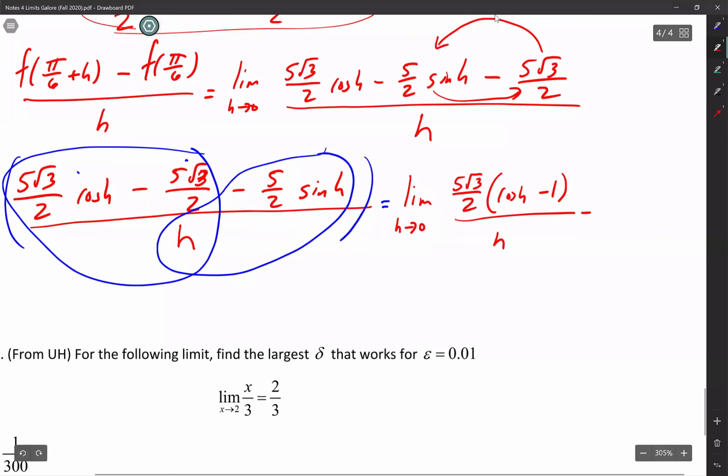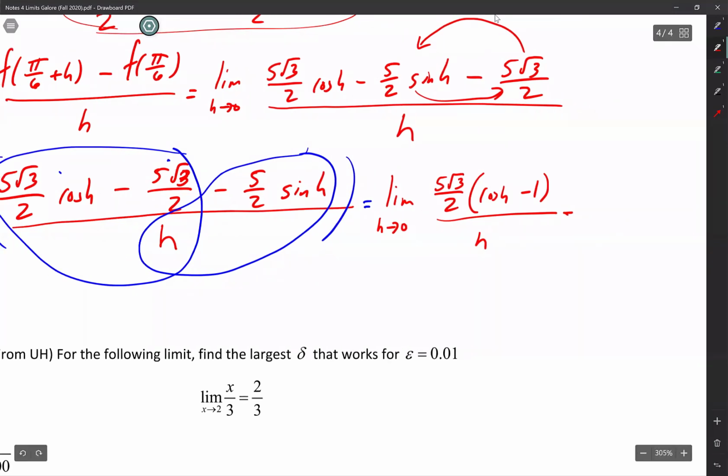Minus limit as h approaches 0 of 5 half sine h over h.